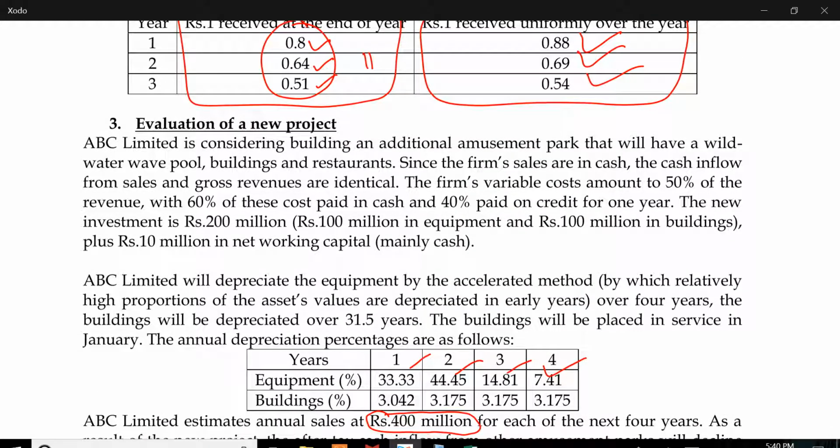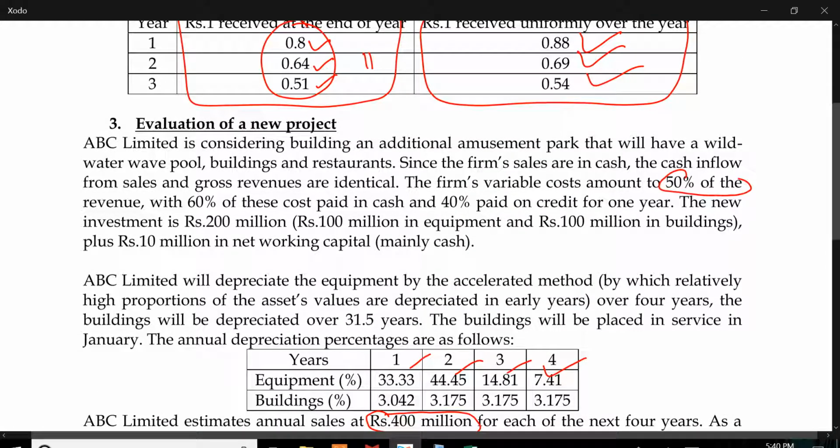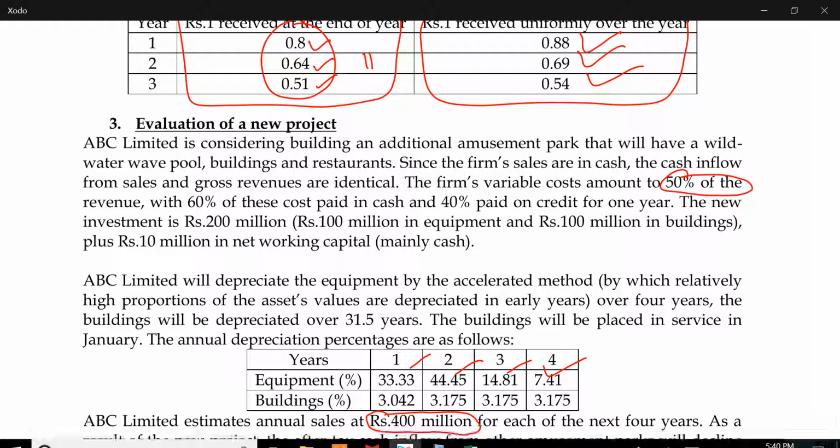Cost for this revenue is 50% with 60% paid in cash and 40% paid on credit for 1 year. My expenses is going to be 50%, but I am not going to pay the entire amount. Whether payment happens or does not happen, I will see it later, because from a tax point of view, this is my expense.